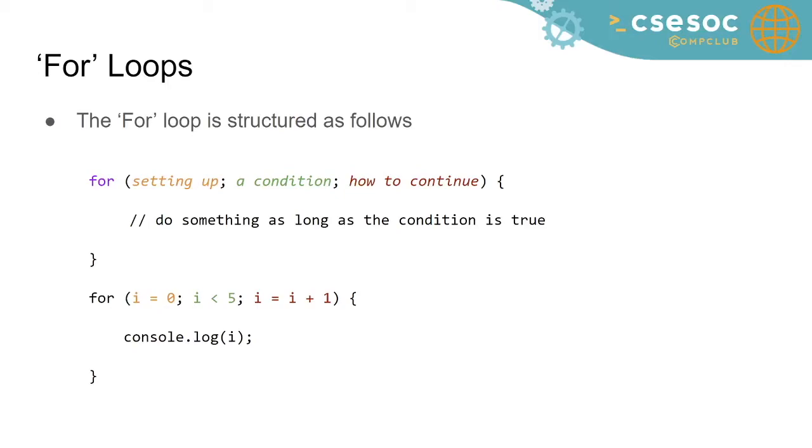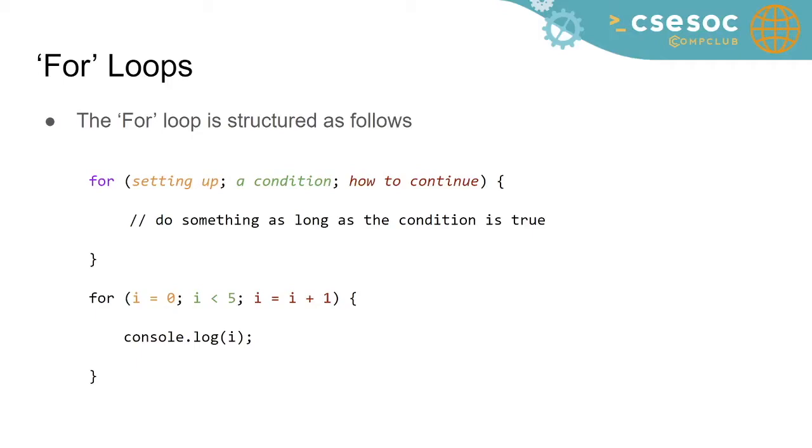So it's basically when we stop looping and stop running the code over and over again. And our last one is how to continue. This is what gets updated every time you run the loop. So after you run the loop once, maybe one of your variables increases by 1, and then it keeps going over and over. So this is how to continue.